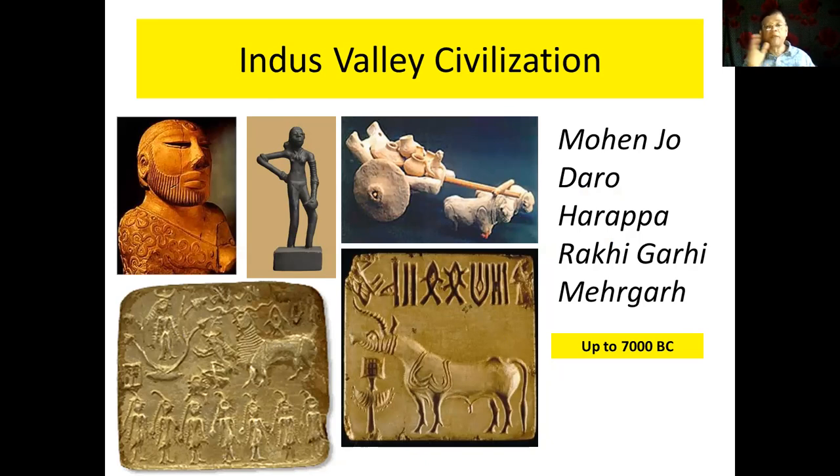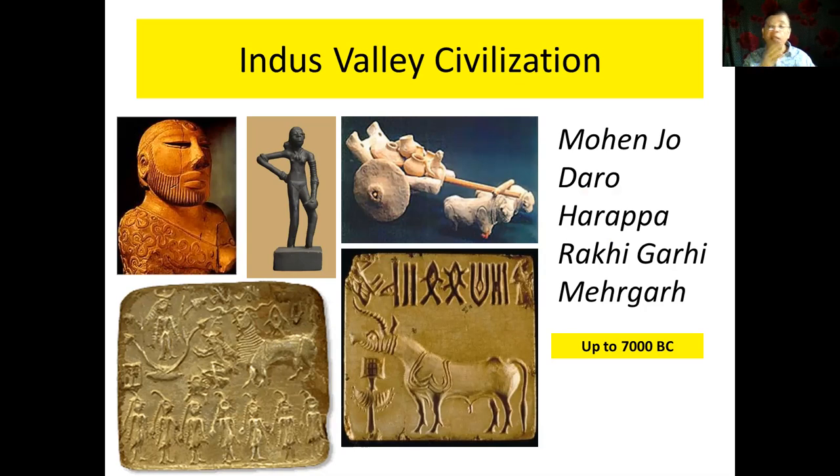Now, civilization is a word that comes from city-state. We know that agriculture started somewhere around maybe 15,000 BC. There were rural communities everywhere. But then there were some city-states that came up. And from there, when the city-states came, we talk about civilization.